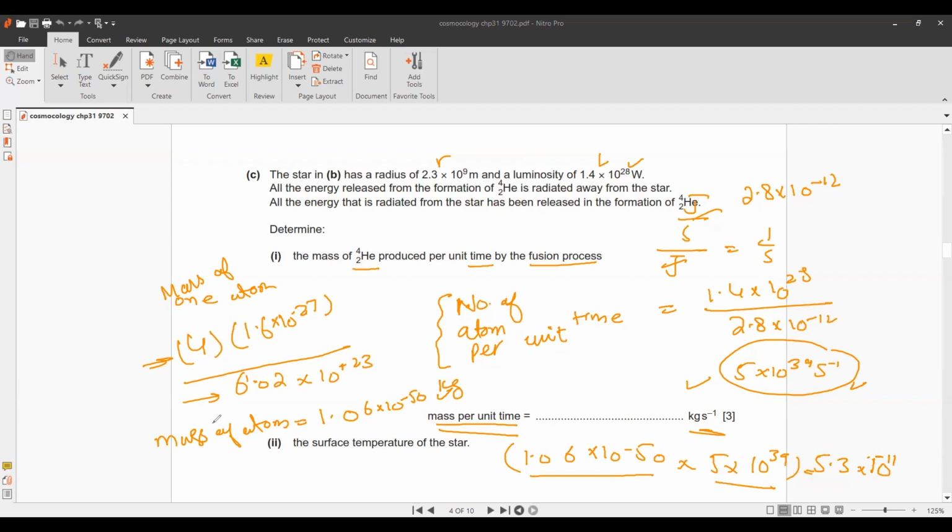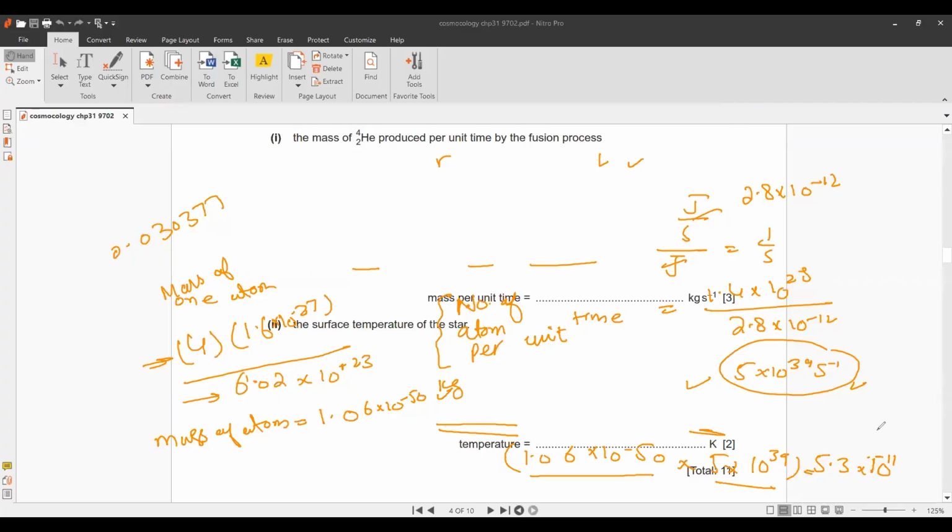If I divide this with this, I'll get the unit of kilogram into second. The mass per unit time came out to be 5.3 into 10 raised to minus 11.